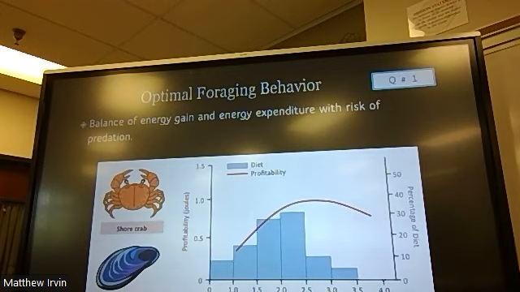But as you wander away from where potentially your protective area is, you are more exposed to predators. So there are all these different aspects that they have to take into account in terms of getting their nutrients in their food.